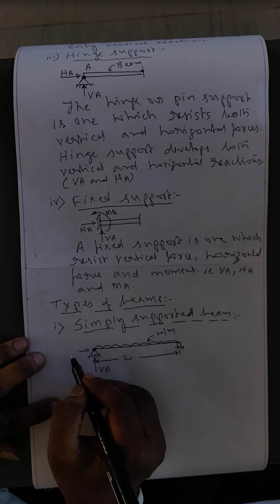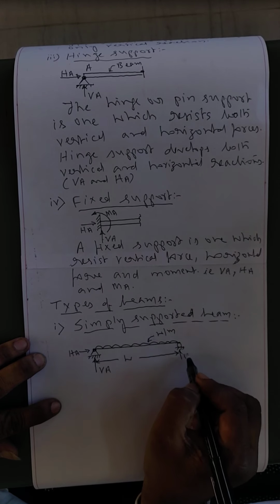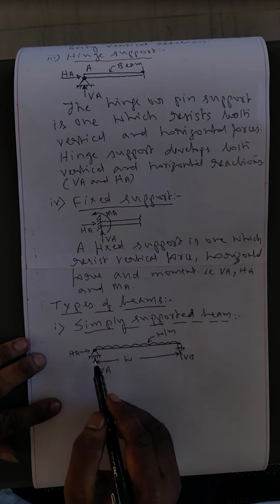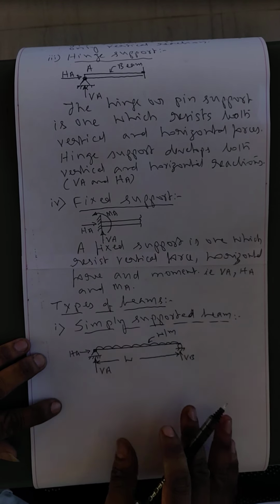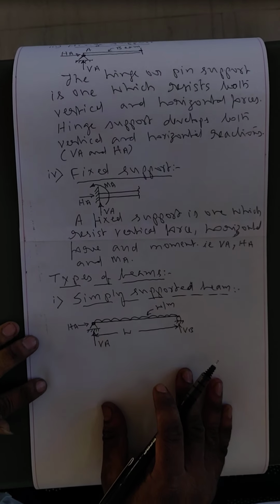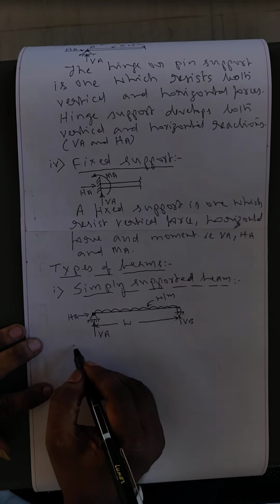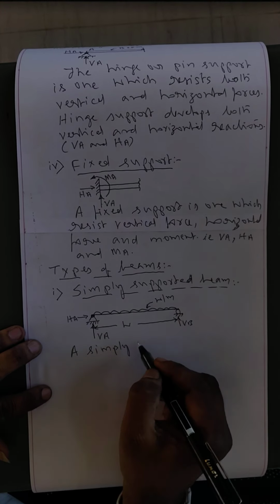Roller will develop only reaction VB. Therefore, this is called simply supported. One side is hinge, another side is roller. We will write this: a simply supported beam.